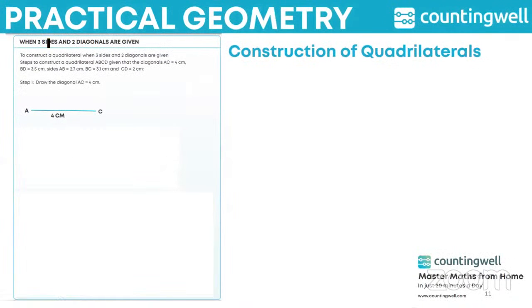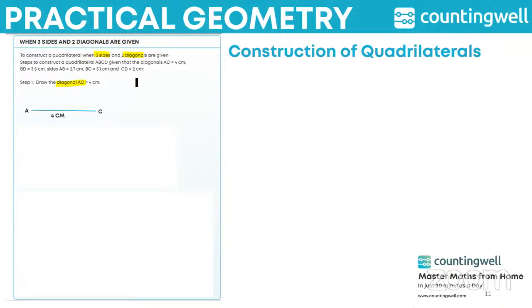Let us see when three sides and two diagonals are given. To construct a quadrilateral when three sides and two diagonals are given, first we start with diagonal AC. And the most important thing whenever you are constructing any quadrilateral is you should always draw a rough figure and understand which side to draw first.